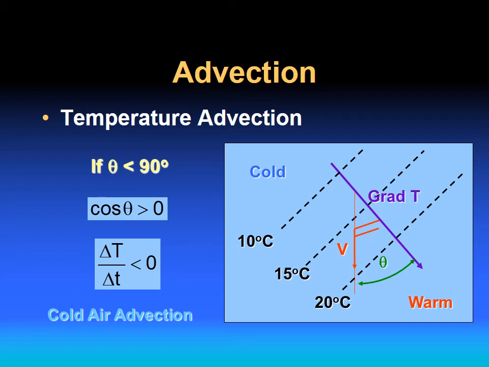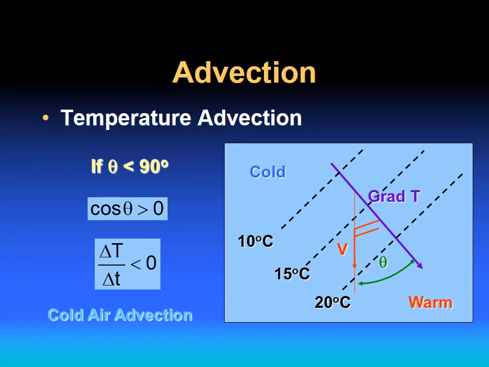Now the angle between the gradient and the wind is less than 90 degrees, and if you calculate any value less than 90 degrees, it'll give you a positive value for the cosine. And remember that you had a minus sign out in front of that equation. So if this is positive and that whole right side is positive, you throw a minus sign in front of it, that makes it negative.